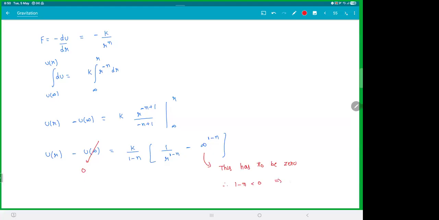So this will give you the first condition that n must be greater than 1. If n is less than 1, this system will have an infinite energy even at infinity, meaning there will be an interaction even till infinity. We don't want that kind of a system. It's not going to work. So that has to be 0. This thing will start giving you some limiting conditions. So here infinity is our reference.